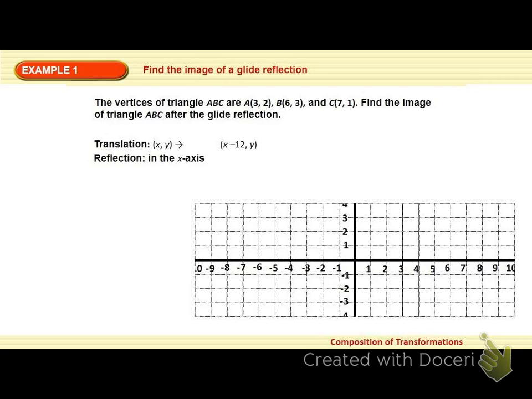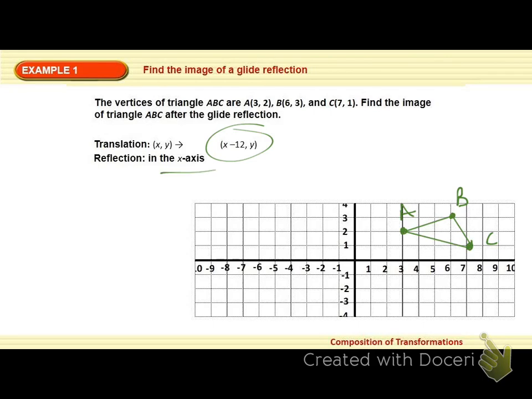So the first one here, triangle ABC. A is at 3, 2. B is at 6, 3. And C is at 7, 1. Right? And so we're going to make our triangle here. And then the composition, we want to do a glide reflection. So we want to translate, and here's our translation rule. And then we want to reflect over the x-axis.